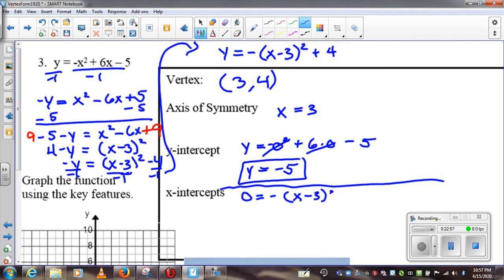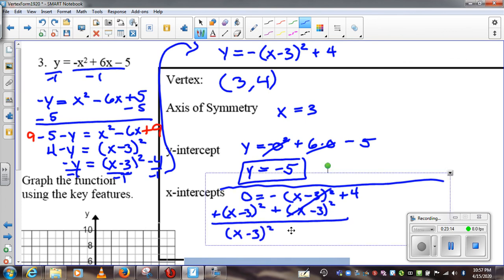And I'm going to show you one cool thing that you can do. I think I'm going to add the binomial to both sides. Perfectly fine to do that. Those cancel, and I'm left with (x - 3), whole thing squared, is equal to 4.